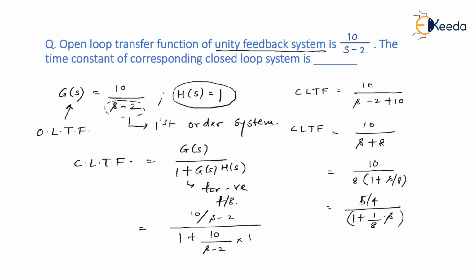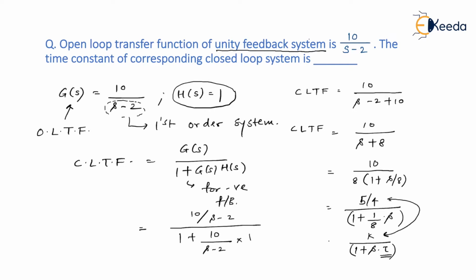Why am I writing in this form? Because you should know that the standard form of a closed loop transfer function for a first order system, if you remember, was k upon 1 plus s tau, where tau stands for the time constant. Am I right? So here, if you compare, the value of k comes out to be 5 by 4. Am I right? The coefficient of s in the denominator is tau, and tau stands for time constant.